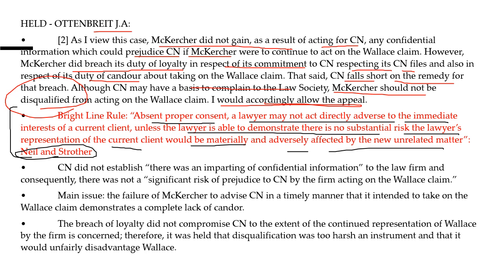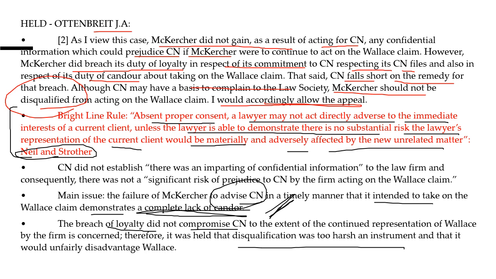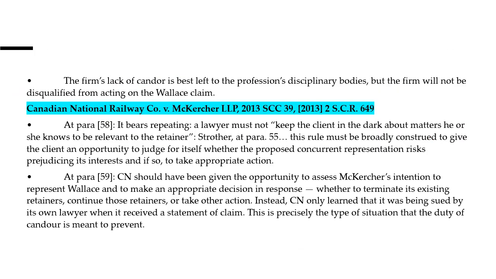So the main issue, the failure of McCarthy to advise CN in a timely manner to ask for the consent that it intended to take the Wallace case, demonstrates a complete lack of frankness and candor. Although there was no breach of loyalty, as there was no usage of any confidential information, it was held that disqualification was too harsh just on the basis of lack of candor, and that it would be unfairly disadvantageous for Wallace.